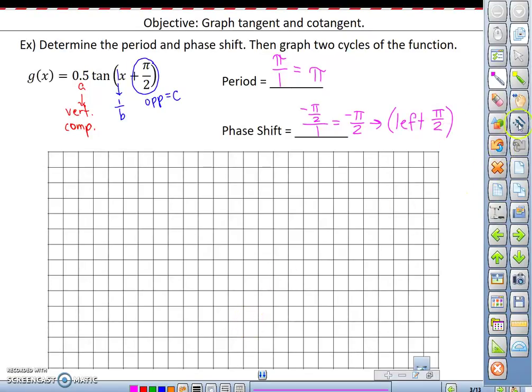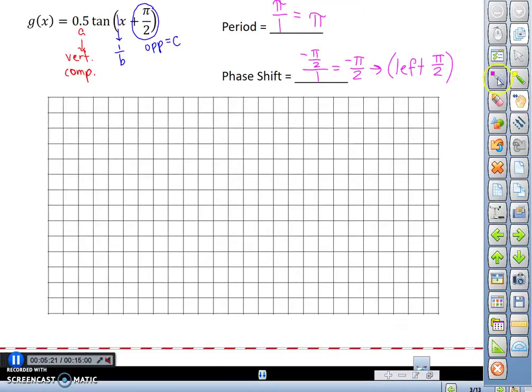All right, so what that means to graph that first cycle is that with tangent, the leftmost asymptote is at negative pi halves radians. So it's going to move further to the left another pi halves radians. So I need to be able to get to negative pi to graph that cycle. I'm going to put my y-axis right around here.